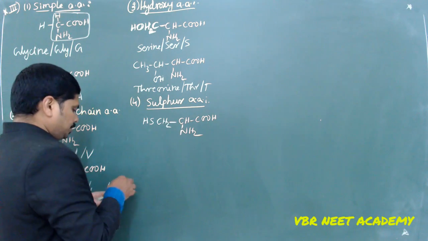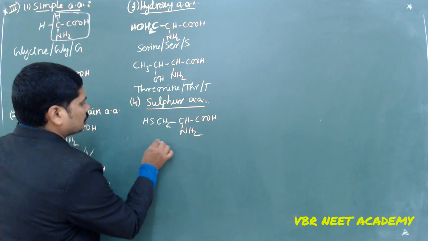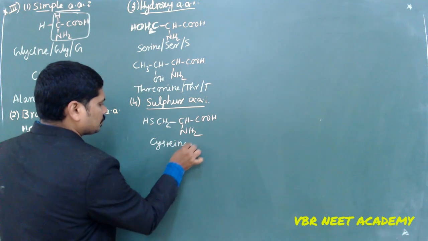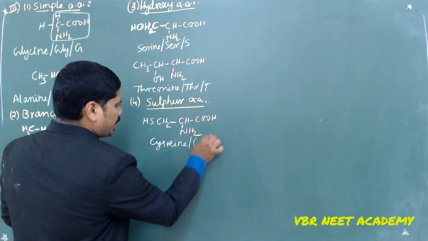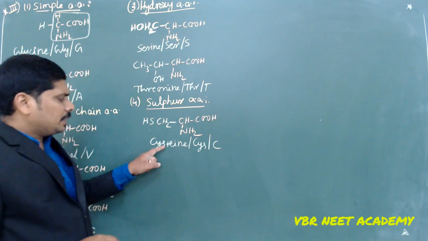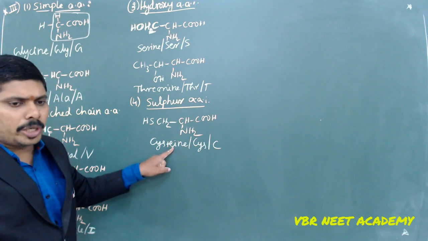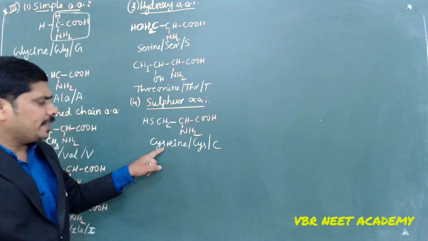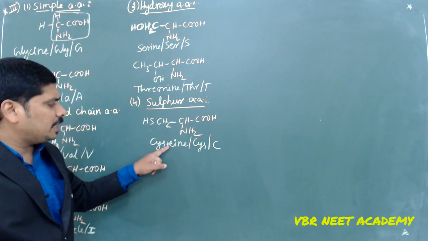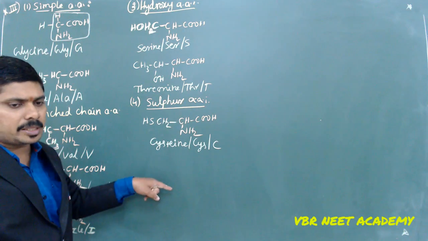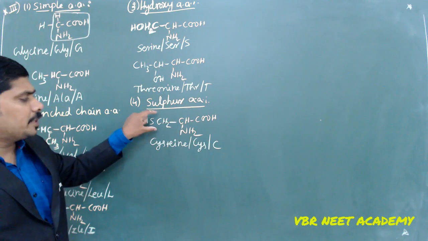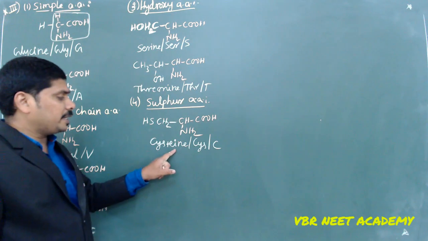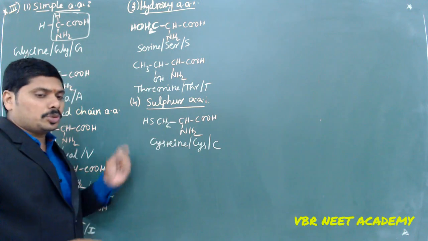So what is this one? Cysteine. Here we must take care while writing the name. Cysteine is spelled C-Y-S-T-E-I-N-E. If you miss the E, it becomes the dimer of this one. So be careful with the spelling here. Cysteine has CH2SH.